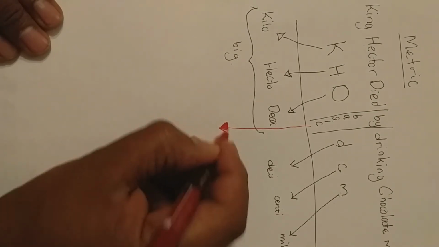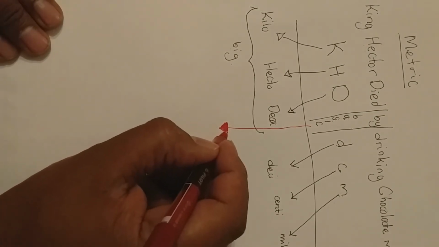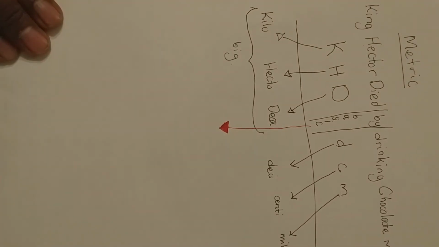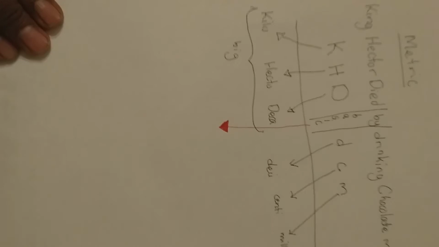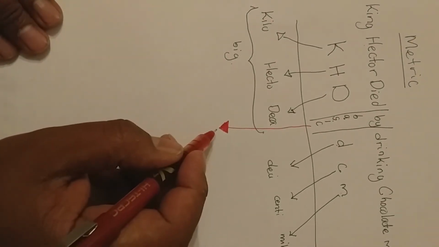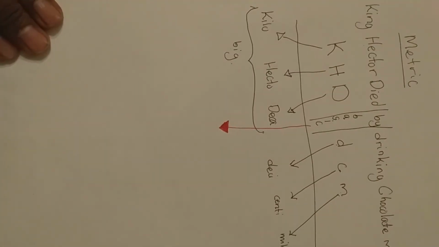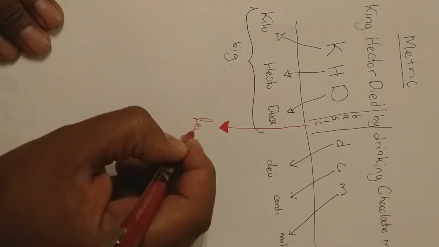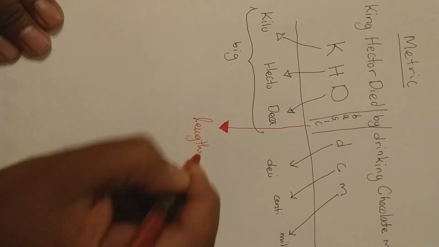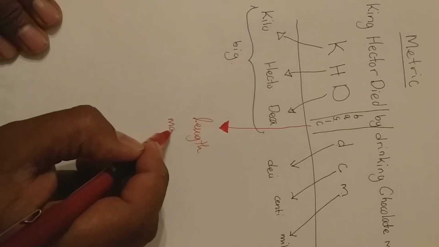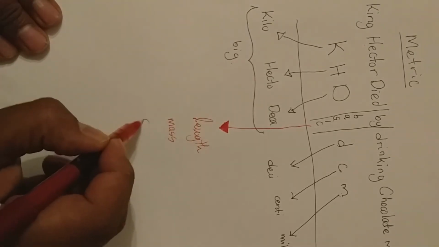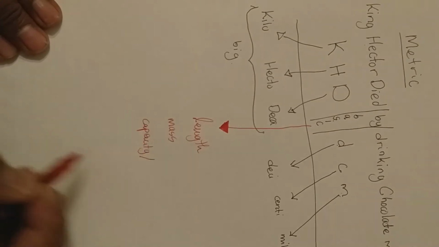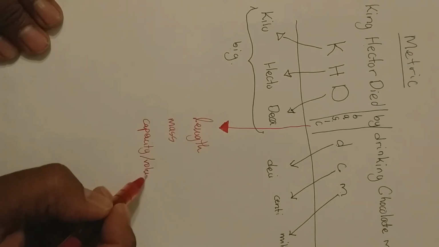There are three quantities that we study, up until IGCSE level, from stage 7 all the way: we look at length, we look at mass, and we look at capacity, or you can say volume.